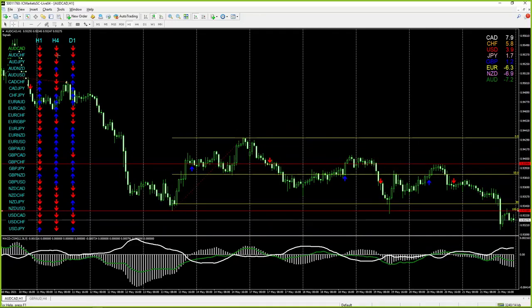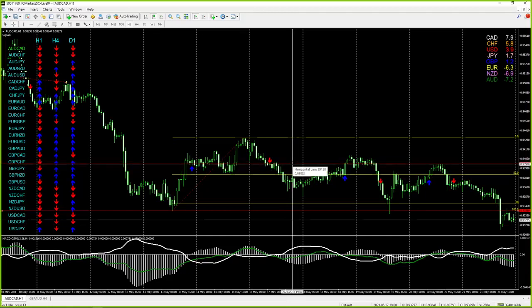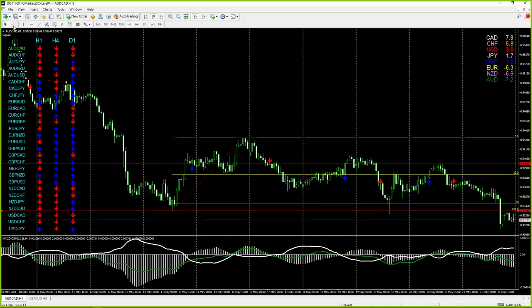We should already enter a sell trade from this point up to here, and our TP was hit on Wednesday because this trade is Monday. Tuesday is still floating. On Wednesday, the TP was hit, 100 Fibonacci was hit. So it's a TP of around 60 pips.